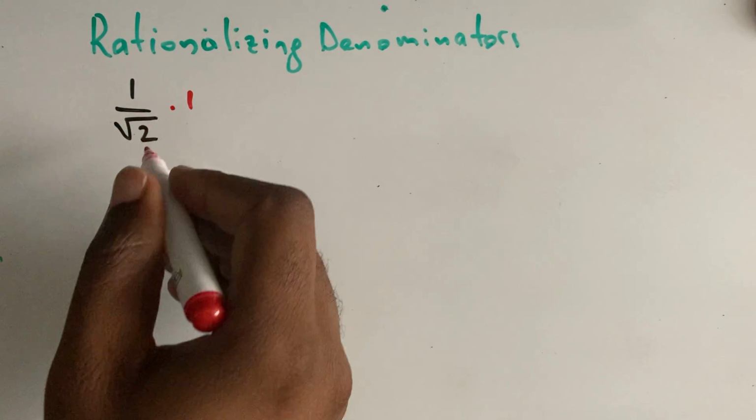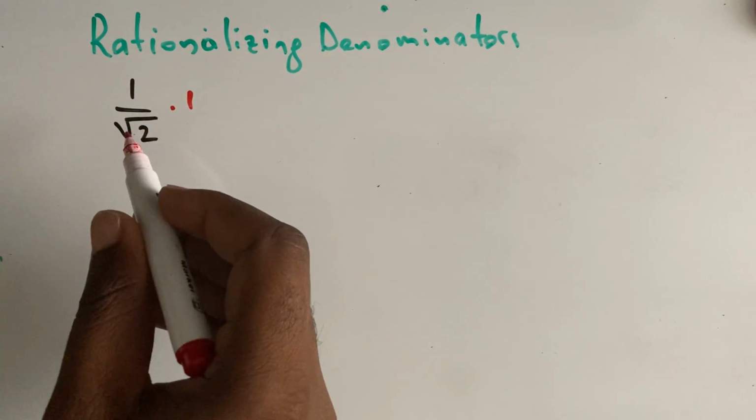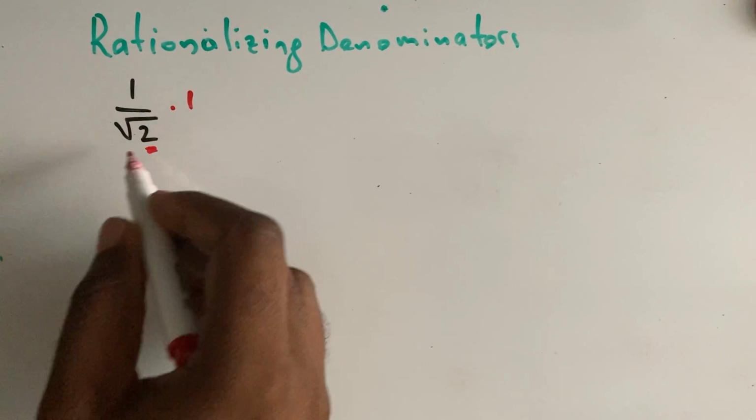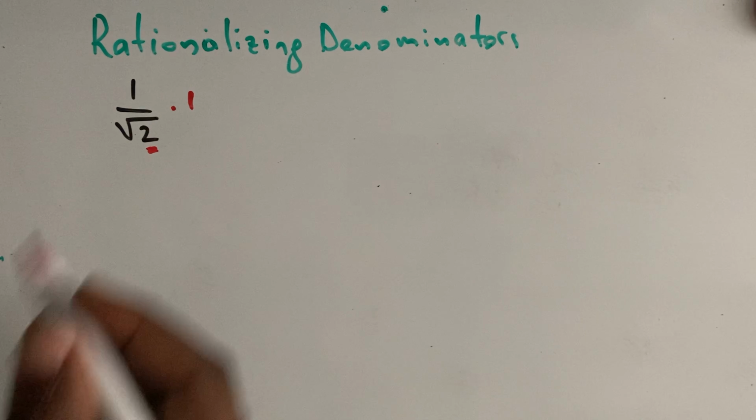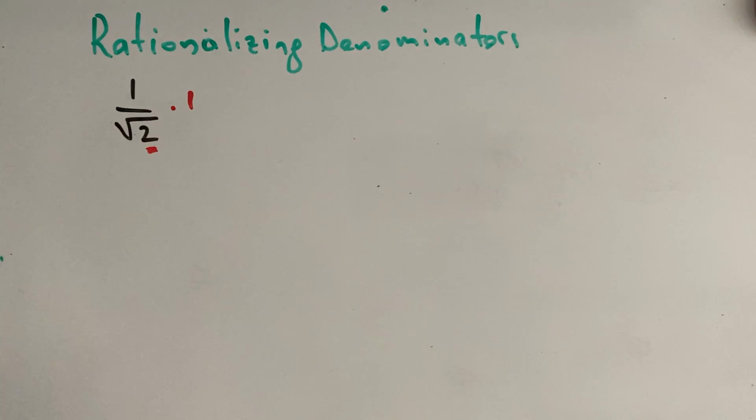So in order for me not to get the radical in the denominator, this radicand must be a perfect square, because it's a square root, right? If it was a number like 9, then the square root of 9 would be 3, and I wouldn't have the radical. If it was 4, the square root of 4 would be 2, and the radical would be gone, right? So it turns out that I just need to make it look like a perfect square.